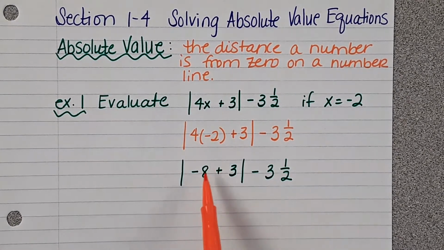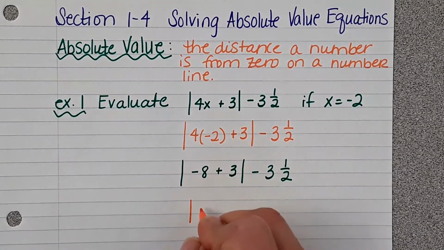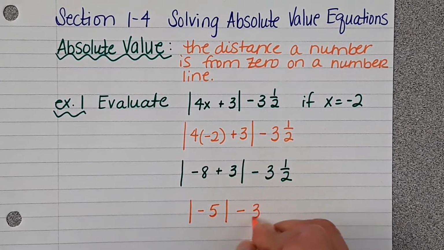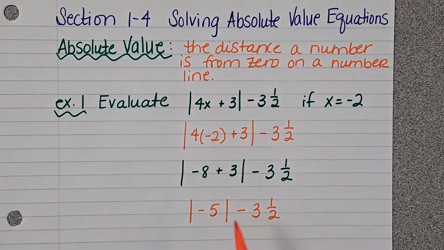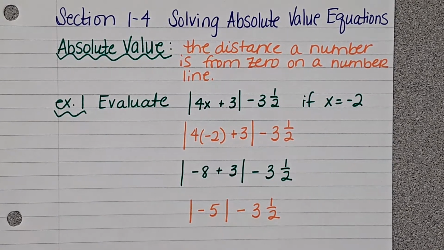Now I'm going to do negative 8 plus 3, negative 5, minus 3.5. And then what is the absolute value of negative 5? So that means what is negative 5?